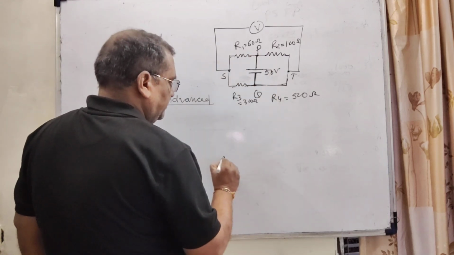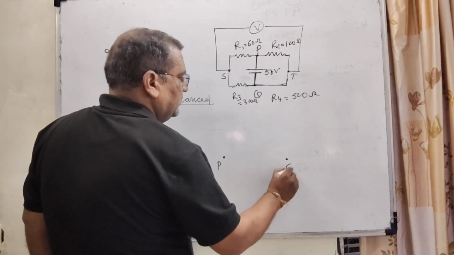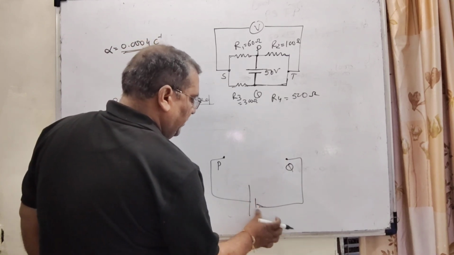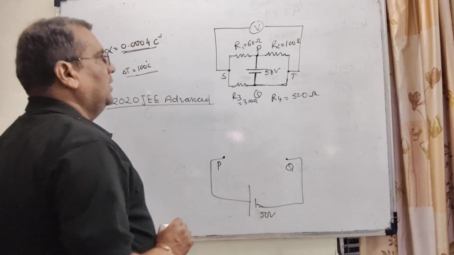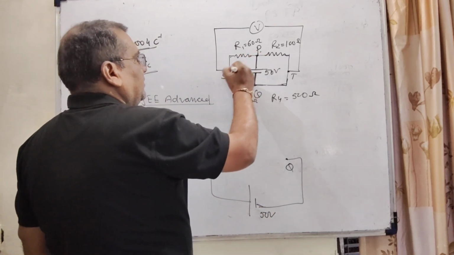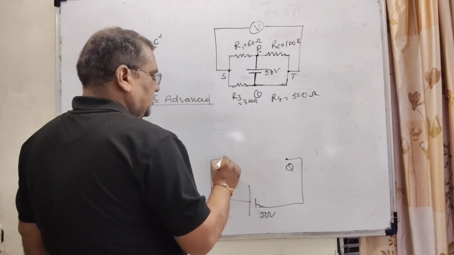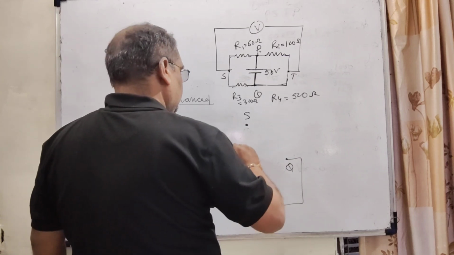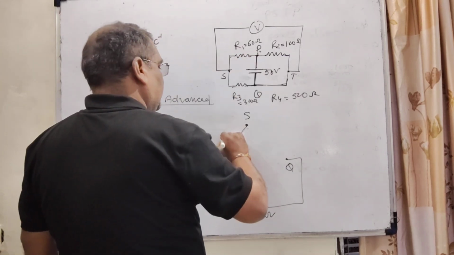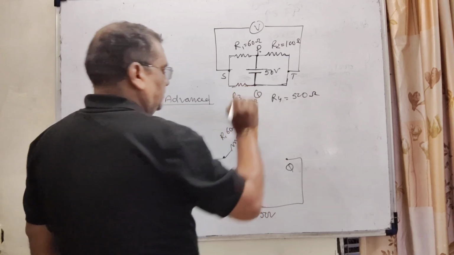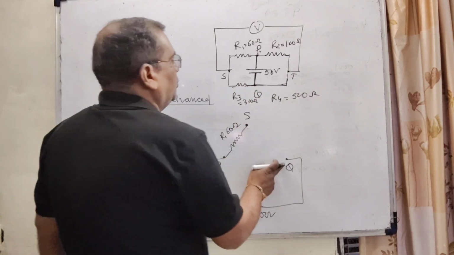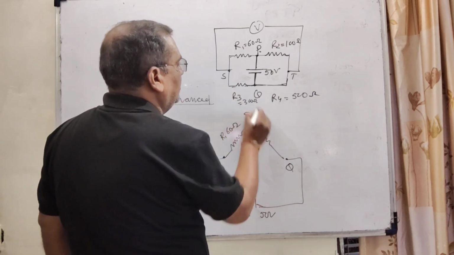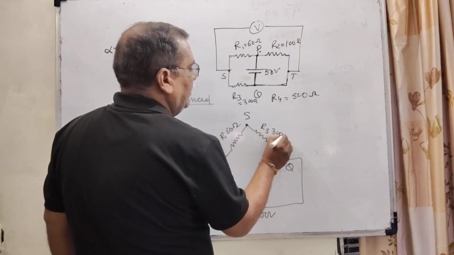Here P and Q are connected with a 50 volt battery. From P to S, R1 is 60 ohm, with S as the junction. And S to Q is R3, 300 ohm.